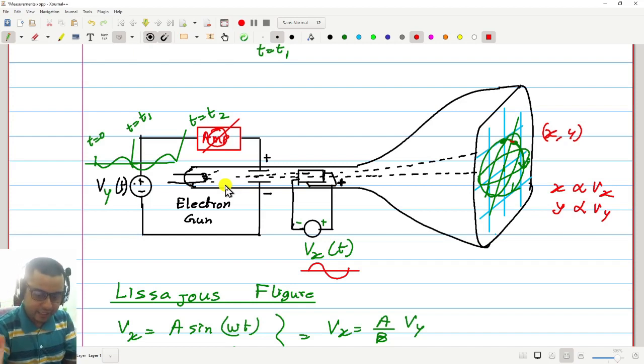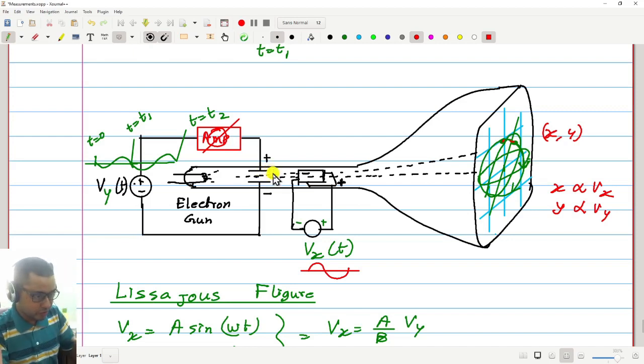Therefore, you can assume that for a small time interval this voltage is constant, and that gives a constant deflecting force, which results in a constant deflected position. So the position is a function of the instantaneous voltage.